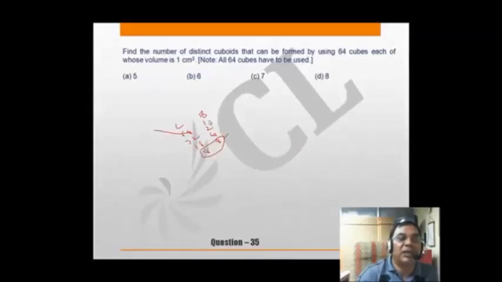So this one is the same and this is double, so this becomes 7. This can be done in a double way, so this becomes the 7 cases. Length and breadth can be swapped, because otherwise the answer 4 was not there. I would have marked the answer 4 because it's a cuboid. Okay.